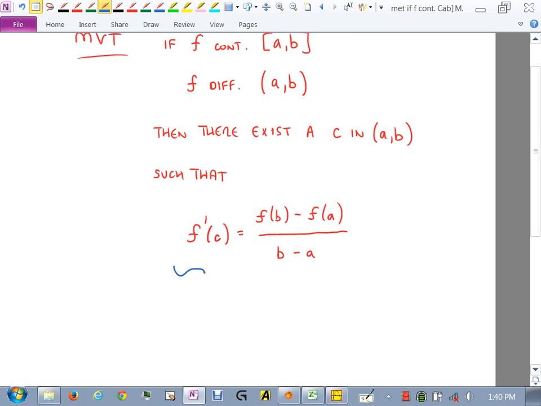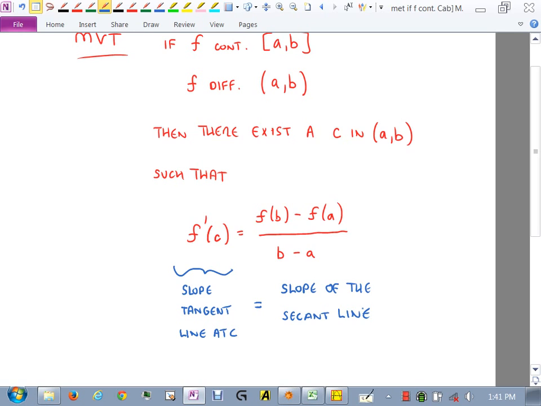So we're saying the slope of the tangent line at c is equal to the slope of the what? What do we call that line that connects the two endpoints? When you have 2 points on a curve and you draw the line between them, we call that the secant line.